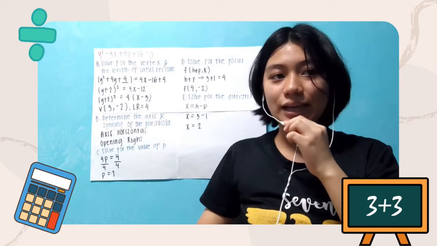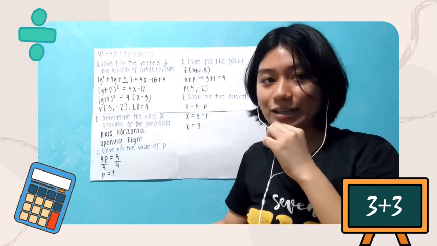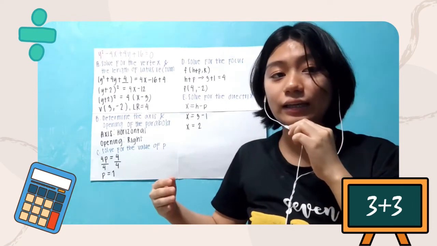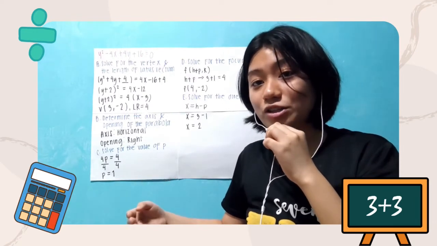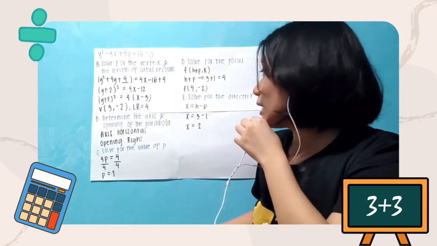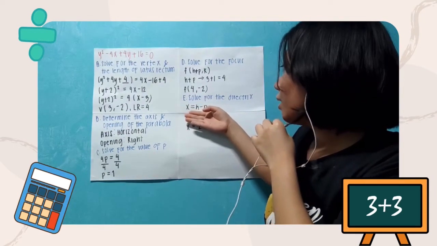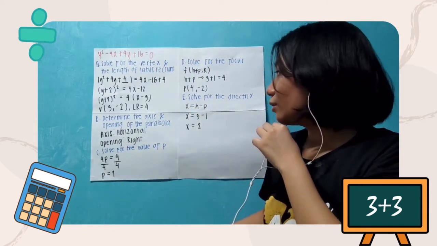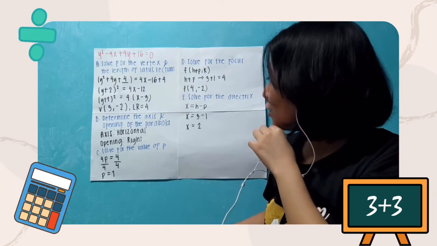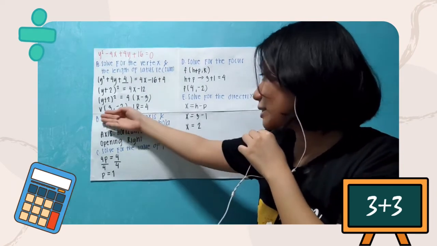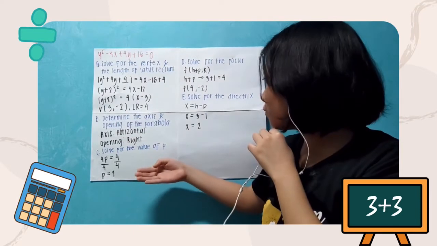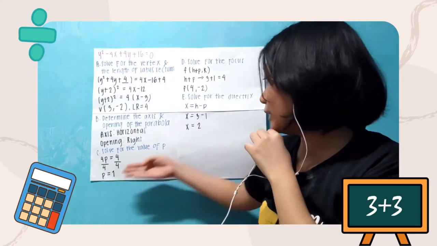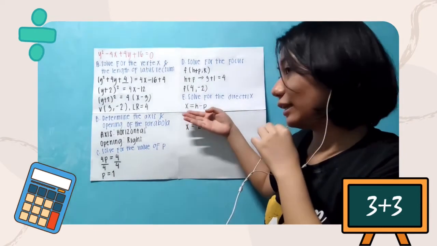Then we just need to find the directrix by referring to the directrix of the horizontal parabola, which is x equals h minus p. So we substitute the value of h, which is 3, and the value of p, which is 1, to the formula.